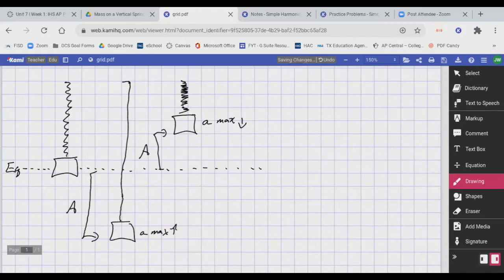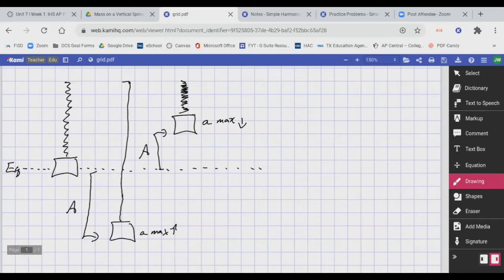So we know we've pulled it down, amplitude, the acceleration is maximum and it's pointed up. As that spring pulls it up and overshoots equilibrium, goes to a full amplitude up, acceleration reaches its maximum and it's pointed downward because acceleration is always pointed towards equilibrium.